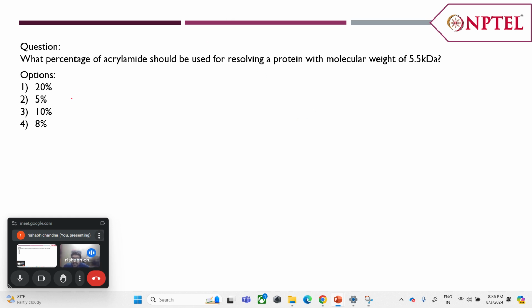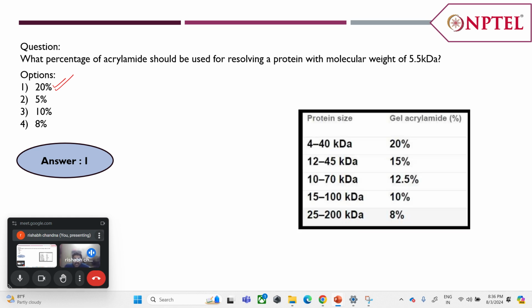Actually, it's 20%. The correct answer lies in the molecular weight. If we have to separate a protein with small molecular weight, which this is considered to be, we would need a pore size that is smaller.